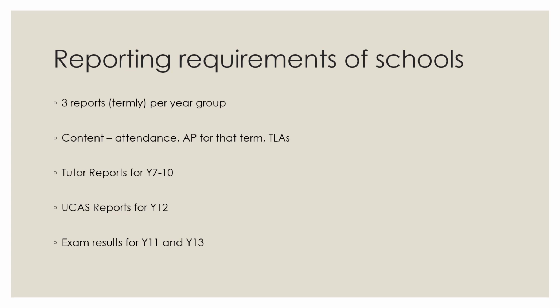For year 12, they have their UCAS reports for their references that they will get in year 13 to apply for university. So they're done at the end of year 12. And then for year 11 and 13, they have their exam results. So that's how we meet the reporting requirements.